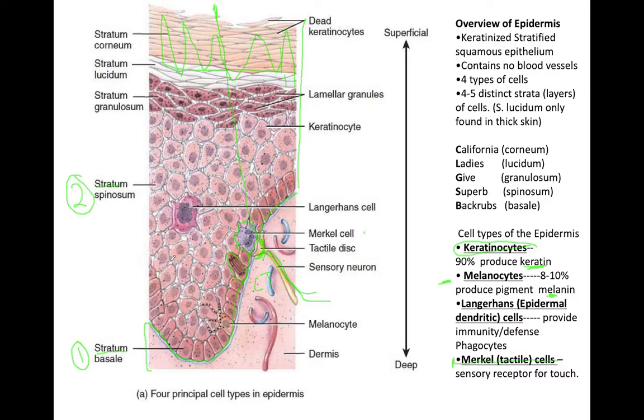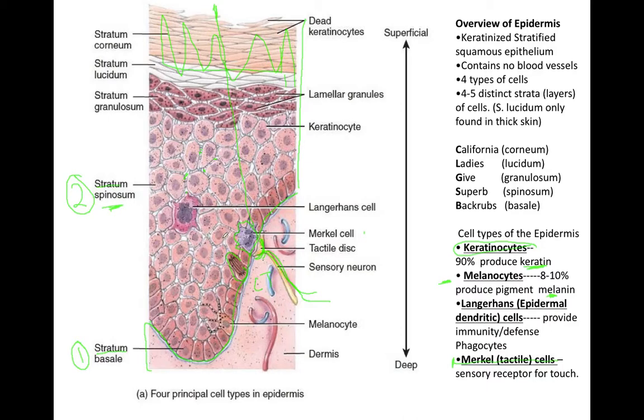They're dividing, sending their daughters up into this next layer. In the stratum spinosum, there are these little spine bridges that you can see connecting the keratinocytes. Since it looks spiny, they call it stratum spinosum.